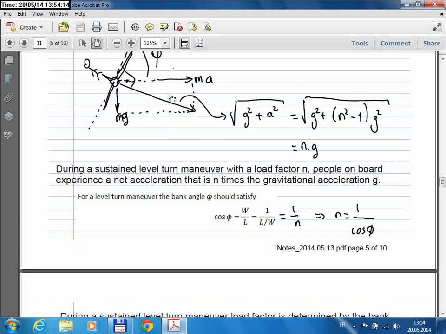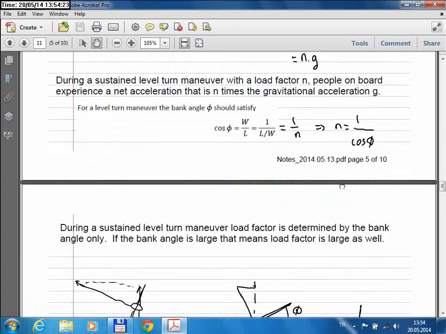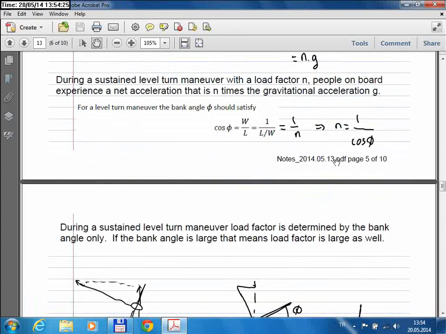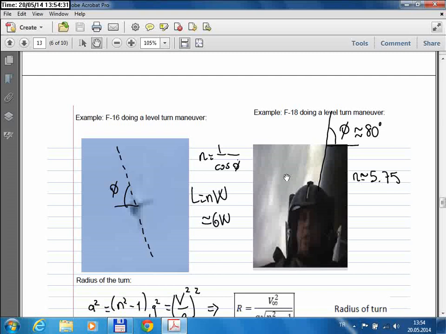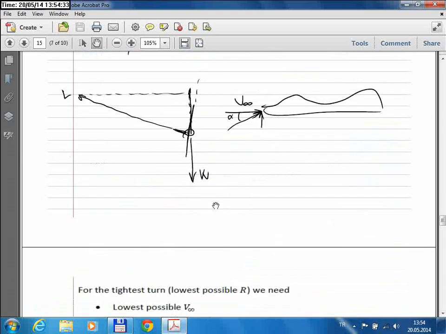Okay, so if you want to study the performance of an aircraft, then you will need to find the load factor number. And when you find the load factor for which the aircraft can safely perform a turning maneuver, then that will tell you how maneuverable your aircraft is.